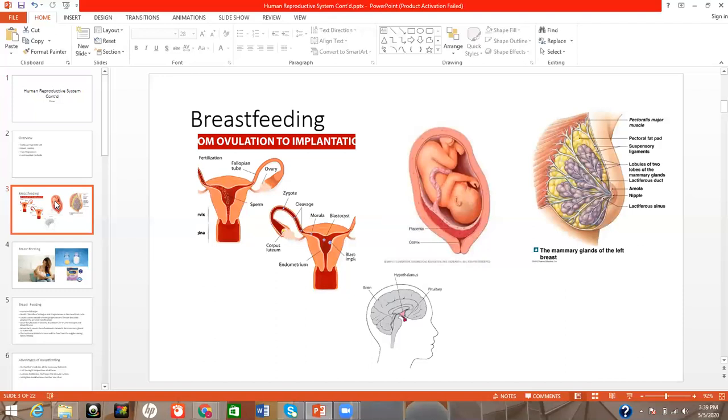Basically, this entire PowerPoint is going to deal with changes that you would see during pregnancy. But with this one, like I said, it's going to focus on breastfeeding, what would cause twin pregnancies, different types of twin pregnancies, and then we'll move on to different contraceptive methods to prevent pregnancy.